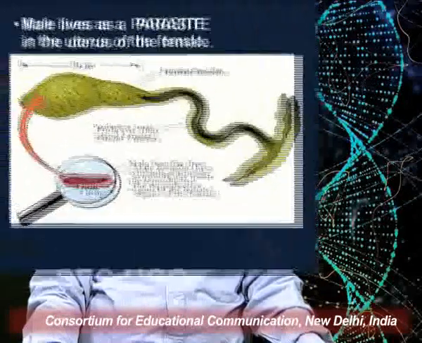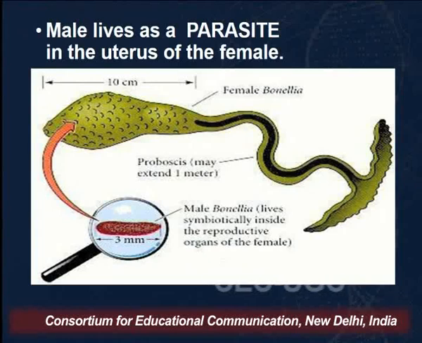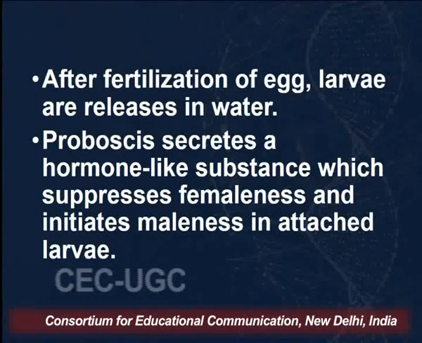On your screens, viewers, you will find that we've contrasted the sizes of the male being 3 mm and the female being 10 centimeters, and the proboscis of the female could extend to 1 meter. The male Bonellia lives symbiotically inside the reproductive organs of the female as a parasite. So that means the male is going to live within the uterus of the female, and you can see on your screens the enormous disparity as far as the size is concerned.